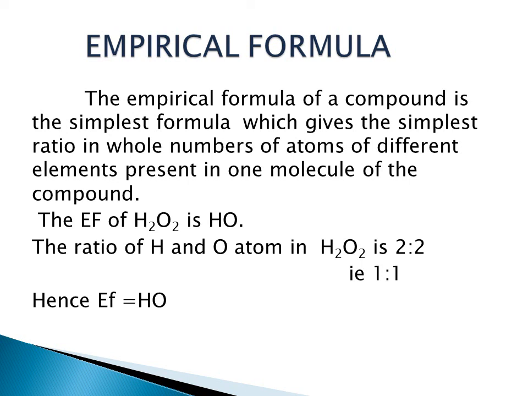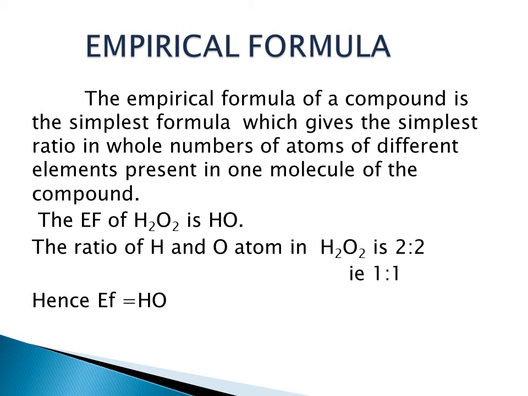Then, from the molecular formula, how can we calculate the empirical formula? It is easy to calculate the empirical formula from the molecular formula. First, you write the ratio of atoms of each element present in that compound. Then simplify the ratio, you will get the empirical formula.